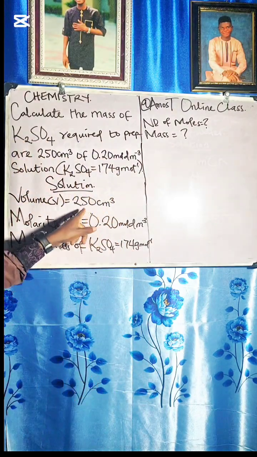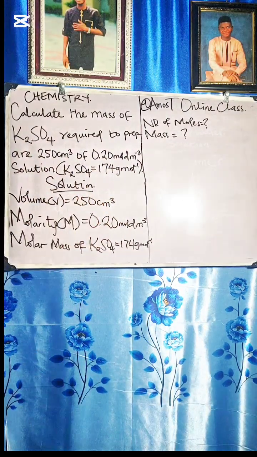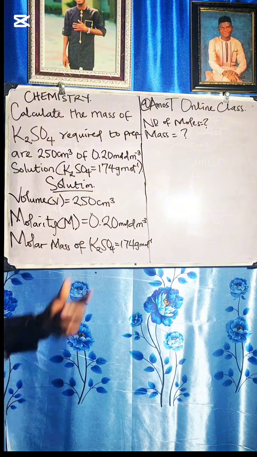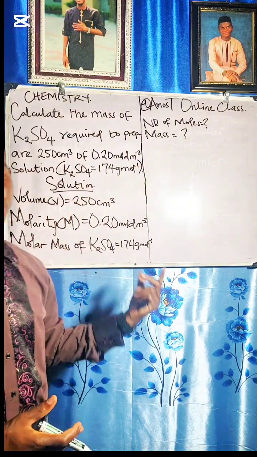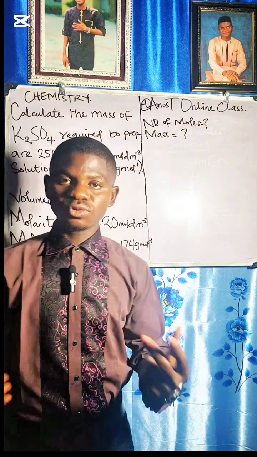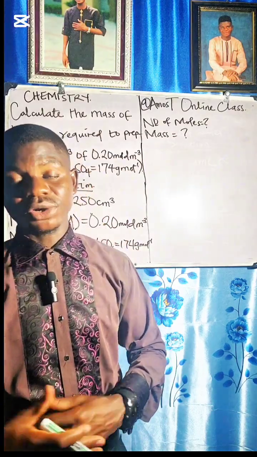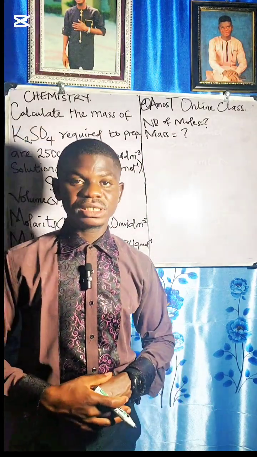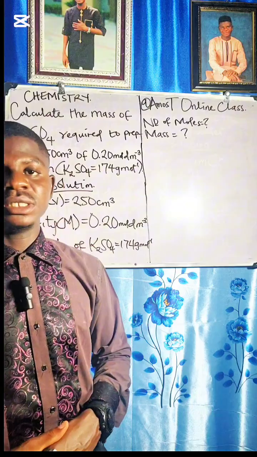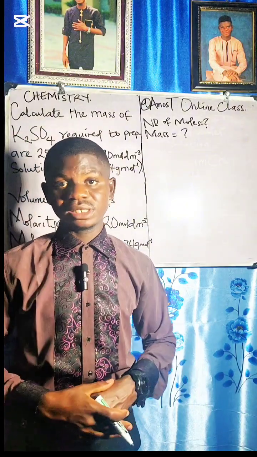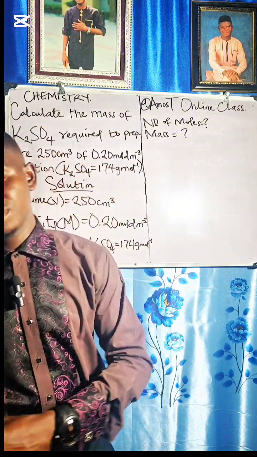Recall that the volume given here is in cubic cm, so first we need to convert 250 cubic cm to cubic dm. It's going to be very simple. Recall that 1000 cubic cm is equal to 1 cubic dm.